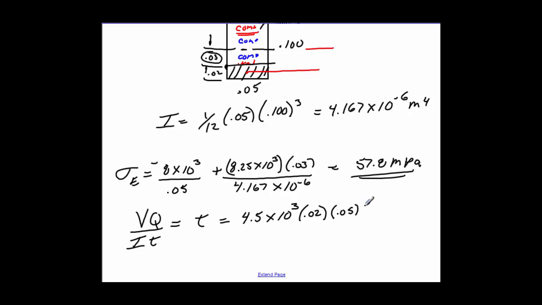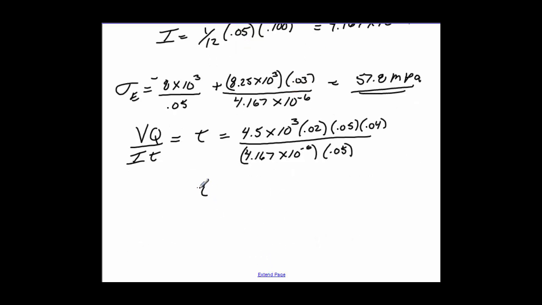That gives us 0.04. Again, we come back to 4.167 times 10 to the minus 6. We multiply it by the thickness, and the thickness in this case would be 0.05. When we run that number, we will get a shear value of 864 kilopascals.